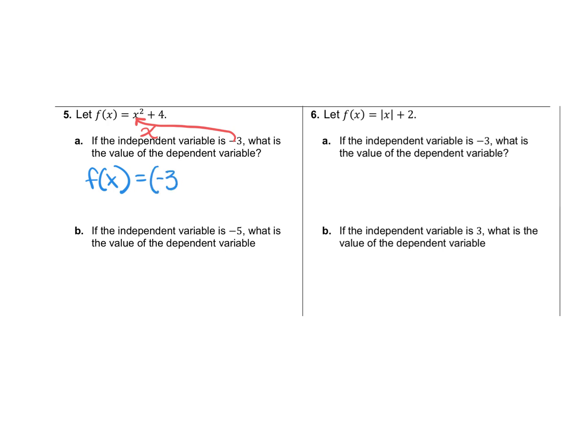So you have negative 3 squared plus 4. So in your parentheses, negative 3 times negative 3 is positive 9, and then we're going to add the 4. So f of x will be equal to 13.